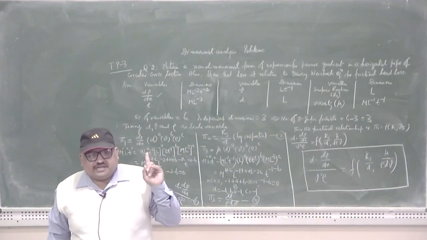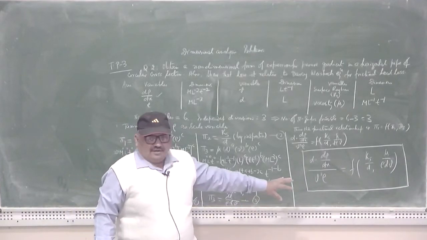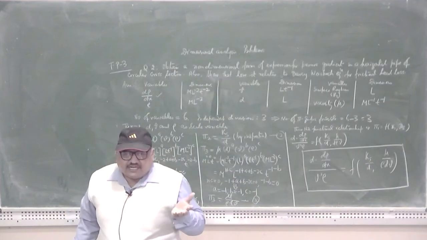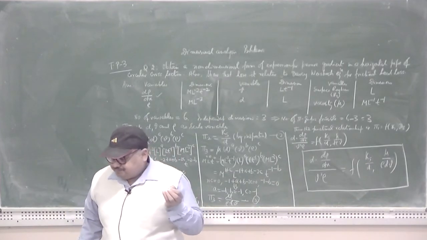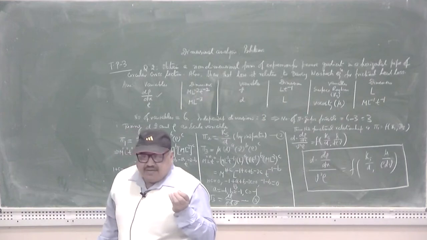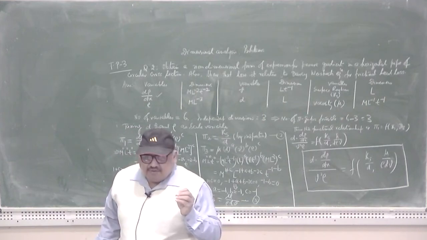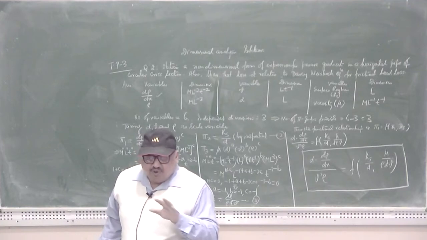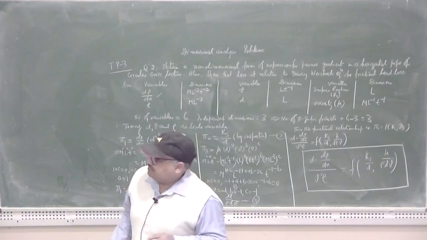If this question carries 6 marks, that means up to this point you have done work for 3 marks. Now, the second part, which requires some discussion, we have to proceed in a separate manner.